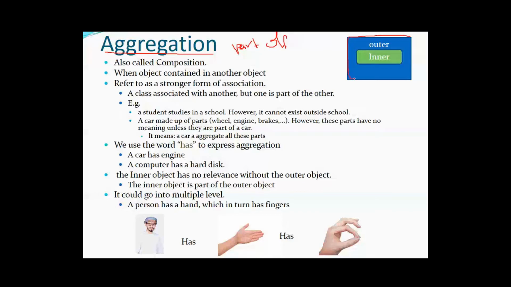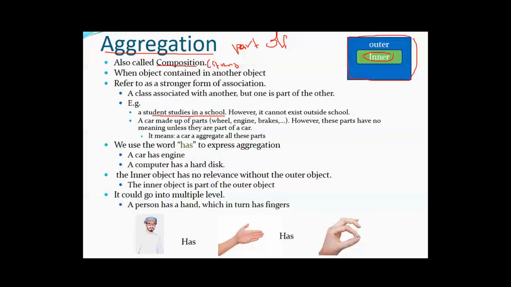That means we have the outside object, and there's an object inside it that is part of it. Also called composition. Composition is a very strong relationship, very strong aggregation. When an object contains another object, we say what? Aggregation. Okay. Now, a class associated with another one, but part of it.